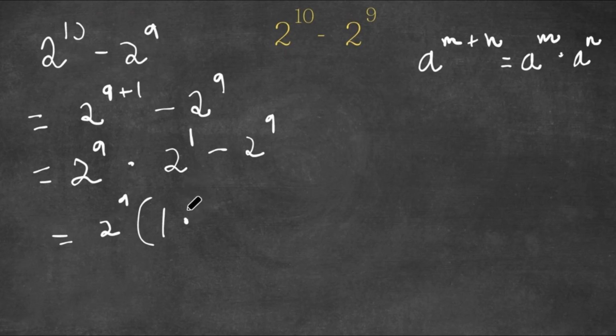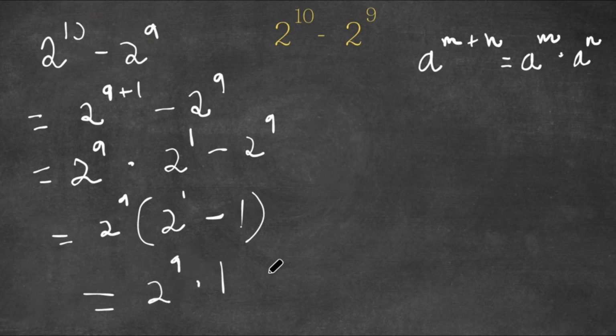And then I have 2 to the power of 9 times 2 to the power of 1 divided by 2 to the power of 9 is simply just 2 to the power of 1, minus 2 to the power of 9 divided by 2 to the power of 9 is 1. And now this is equal to 2 to the power of 1 minus 1, which is simply 1. So I have 2 to the power of 9 times 1, which is equal to, anything times 1 is itself, so 2 to the power of 9.